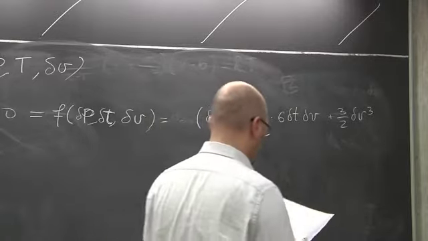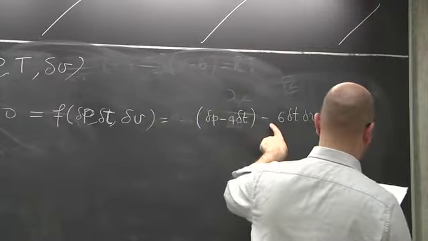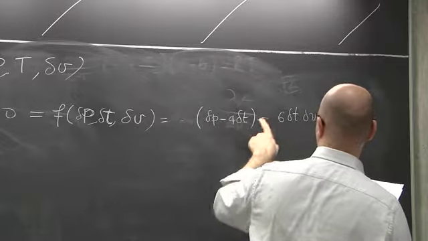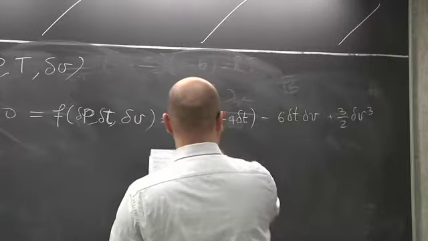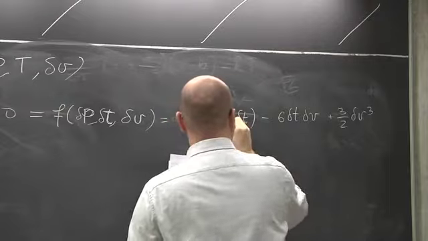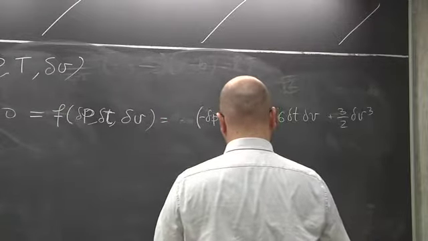Okay, so I want this to be positive, this has to have the opposite sign, and delta T has to have the opposite sign.